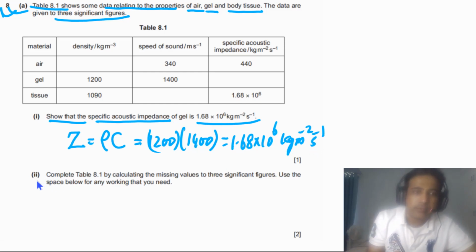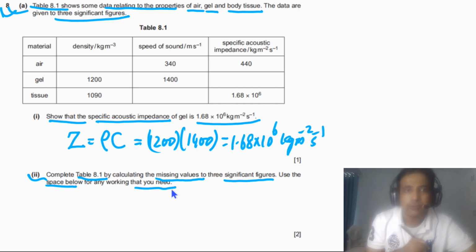For the second part, we need to complete the table 8.1 by calculating the missing values to 3 significant figures. Use the space below for any working that you need. If you look at this table, density is given to us, speed of sound is given to us, and acoustic impedance is given to us.